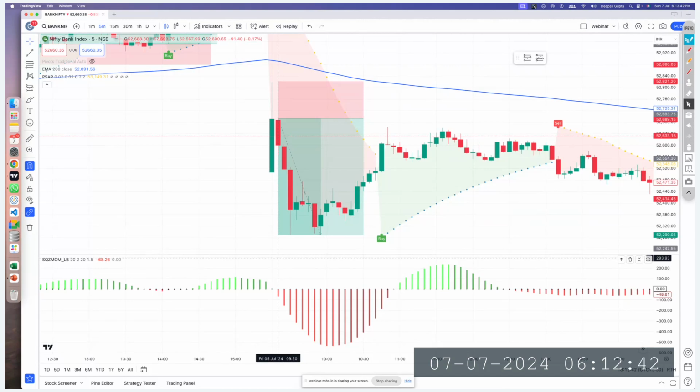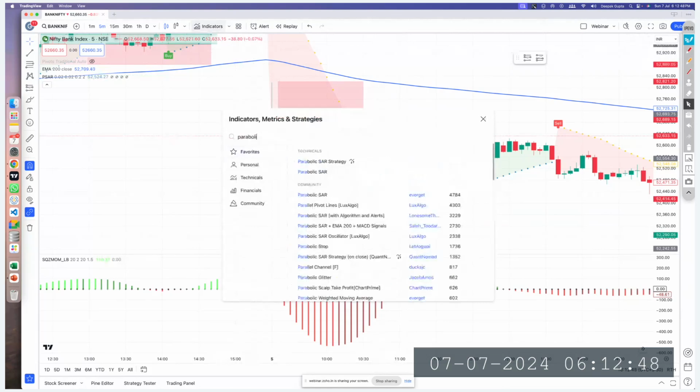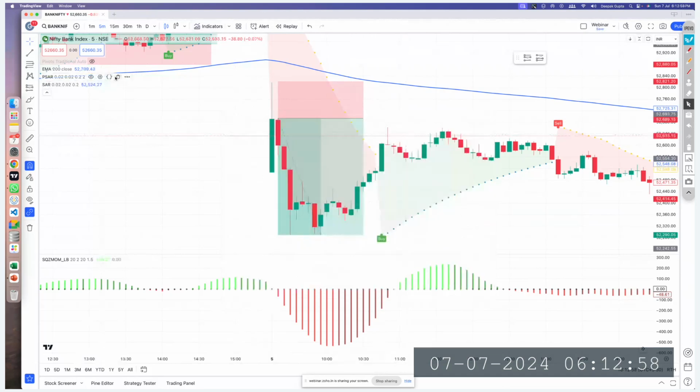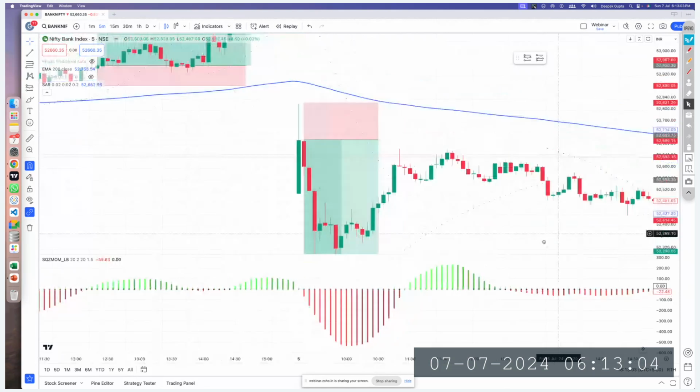Also with the parabolic SAR, see, there are many parabolic SARs. If I go ahead and search for parabolic SAR, you can see there are so many of them. Generally, what you will see with the Indian brokers is this one, where if I show you, this is how parabolic SAR will be shown with the Indian broker setup.